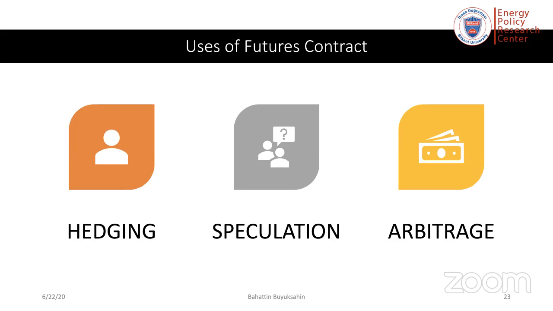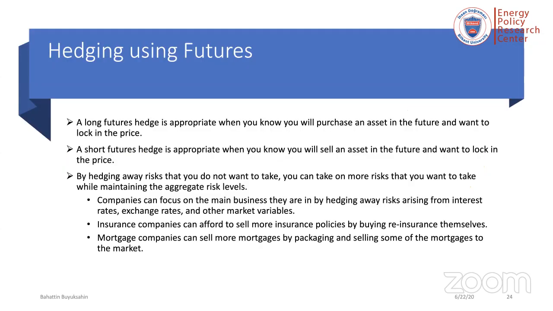You are buying low and selling high and making profit. Of course, arbitrageurs use derivatives and futures to take offsetting positions in two or more instruments to lock in a profit. Let's look at hedging using futures.